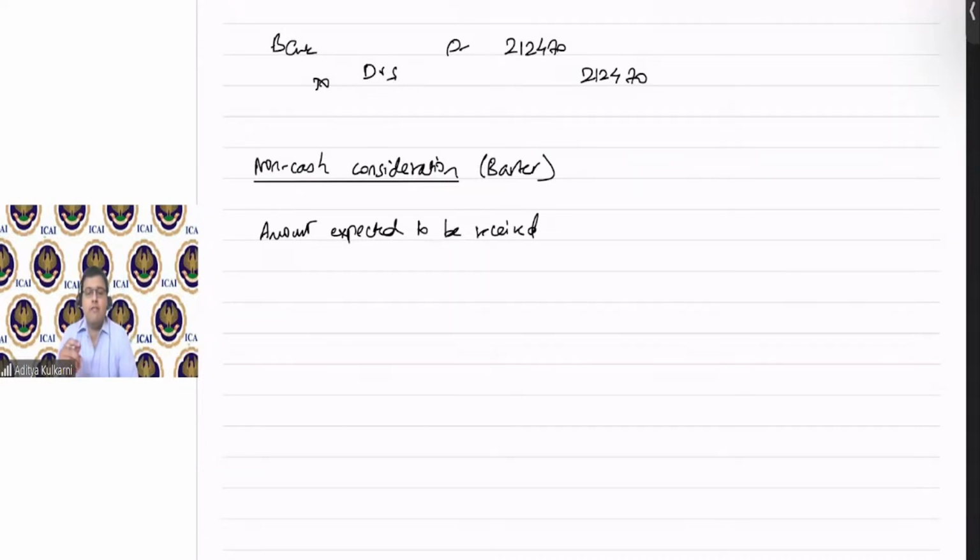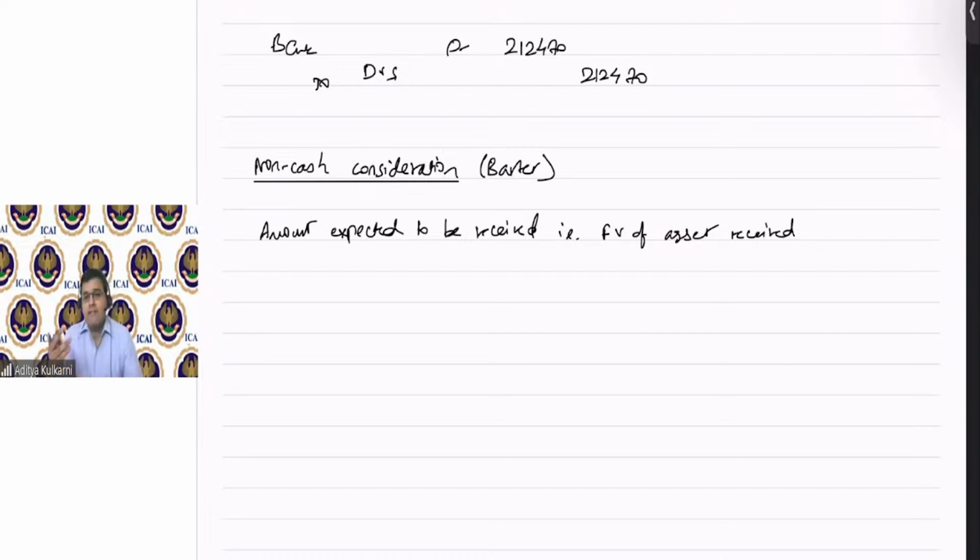That means you are going to recognize your revenue based on the fair value of the non-cash item that you are receiving. That is fair value of asset received in the case of non-cash consideration. When you go ahead, you will study Ind AS 16, Ind AS 38, Ind AS 40.